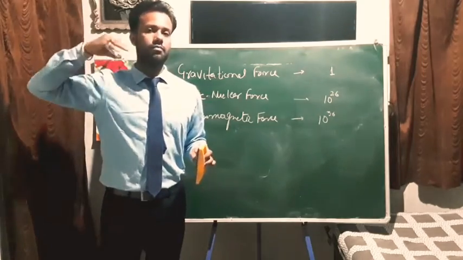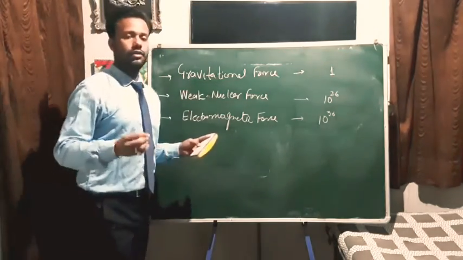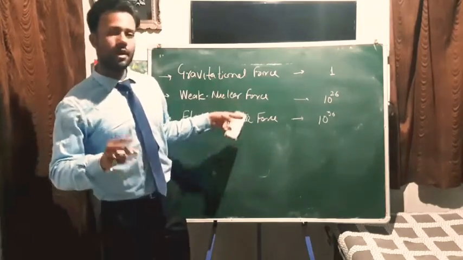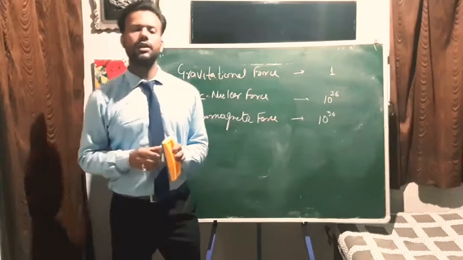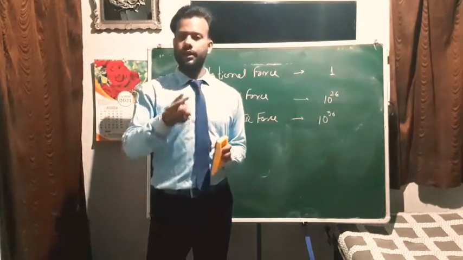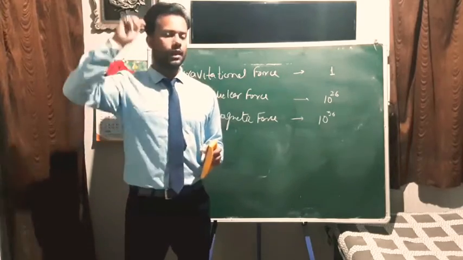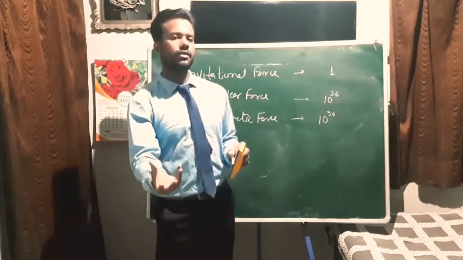It is much more powerful than gravitation. You can understand this by one example. You must have done a small activity: take some pieces of paper and a scale, and when you rub that scale on your hair, the scale can attract the pieces of paper.